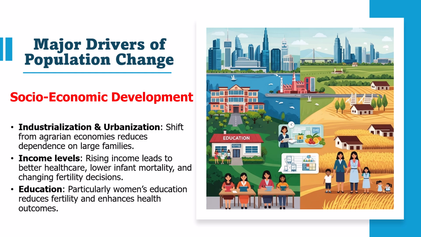Education, particularly women's education, plays a crucial role by empowering women to make informed reproductive choices, pursue careers, and delay marriage. Together, these factors drive demographic transitions, leading to declining birth rates, longer life expectancy, and more balanced population growth in developed and developing regions.